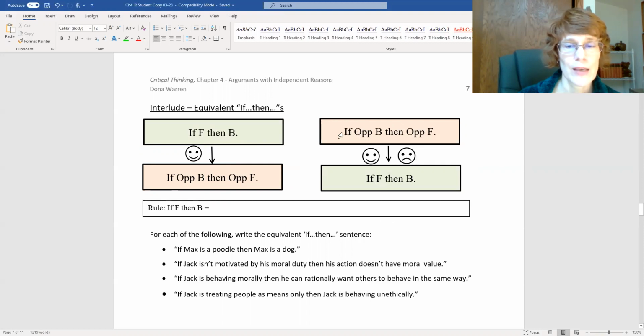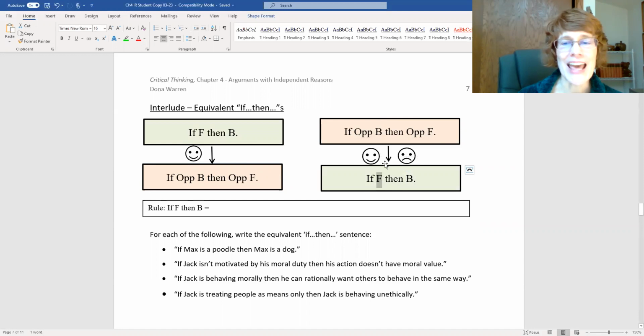Let's check. If the opposite of the back, then the opposite of the front, and the front, therefore back. Now this one might be trickier, but isn't the opposite of the opposite of F just F, right?